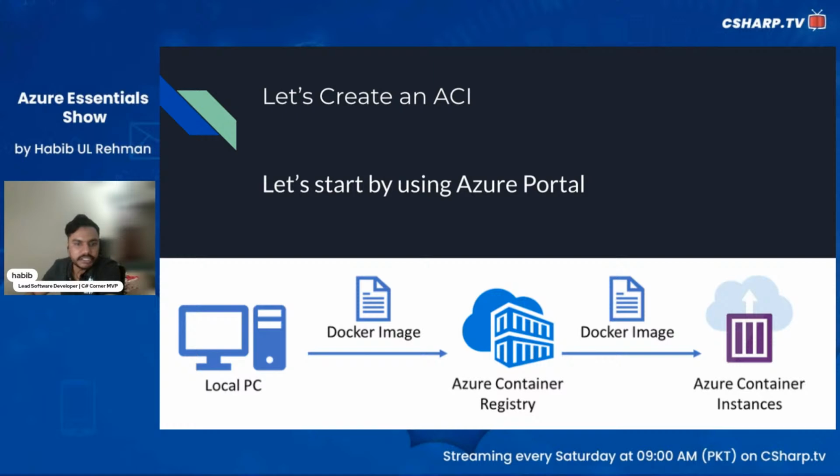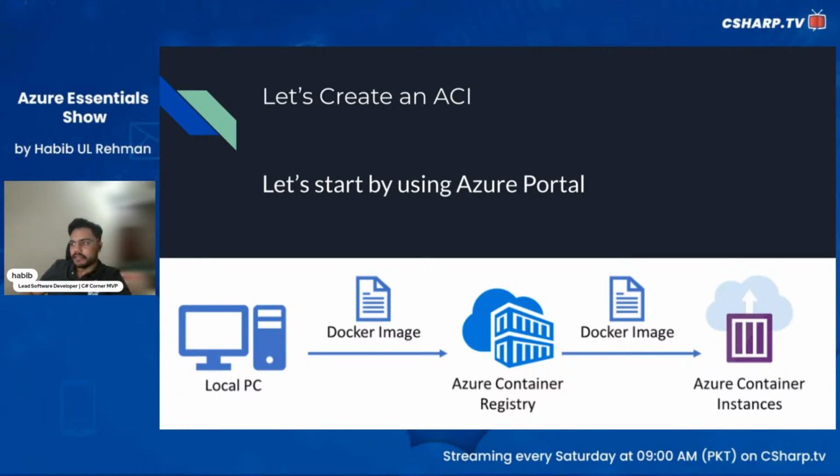Azure Container Registry is the central location which will be storing all the container images that you have, and then you can run your container images on Azure Container Instances. So this is a simple flow chart of how Azure Container Registry and Azure Container Instances work.